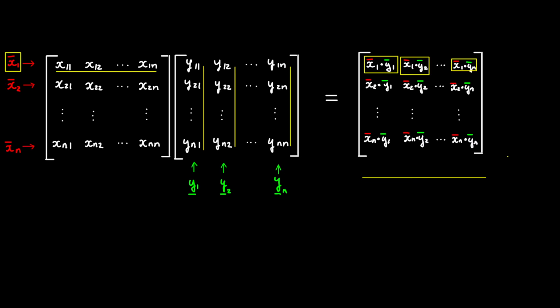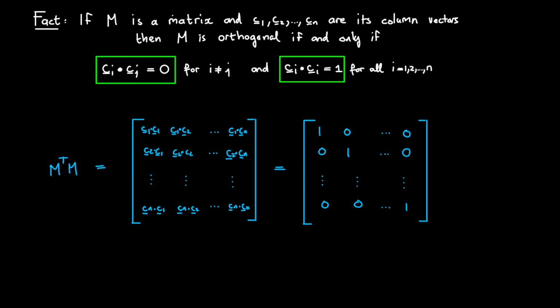Okay, good. So just keep that in the back of your mind, because now we move on to our main description of orthogonal matrices here, and that's what's given here. So given a matrix M, and we represent its columns as vectors here, C1 up to Cn. So C1 is the first column, C2 is the second column, and so on until we get to the last column, which is Cn.